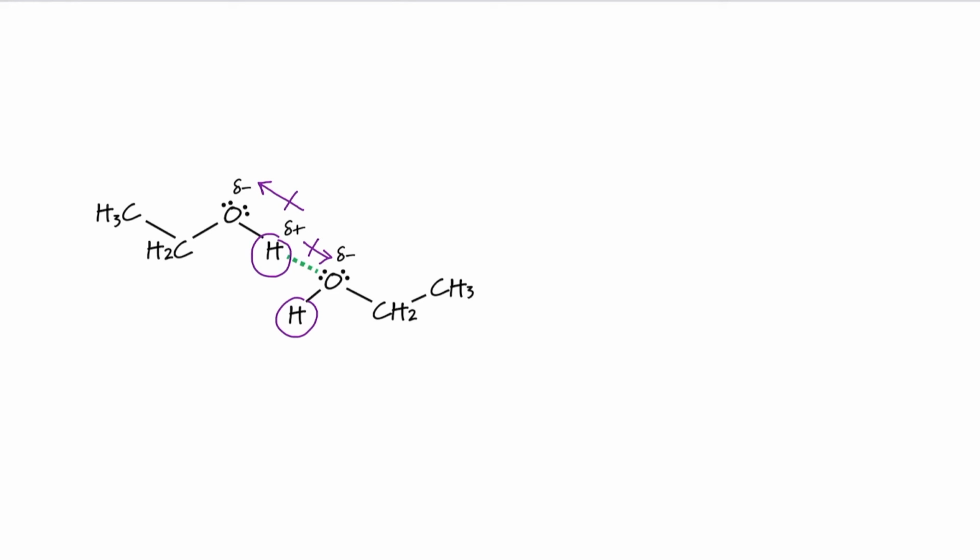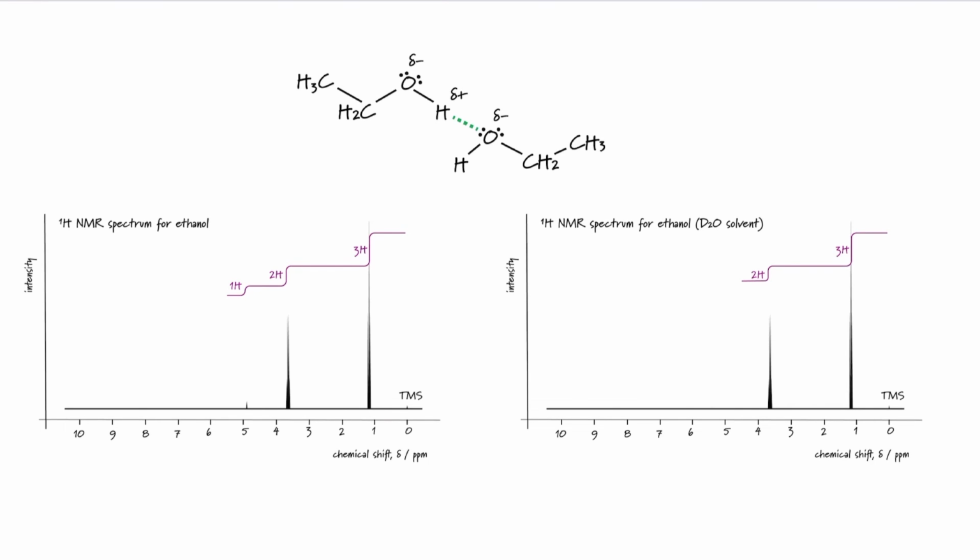So how do we definitively find out whether we've got one of these protons? Well, the answer is to run two NMR spectra, one with our molecule and its normal sample and solvent and just what we'd expect. We've seen this spectrum already for ethanol.